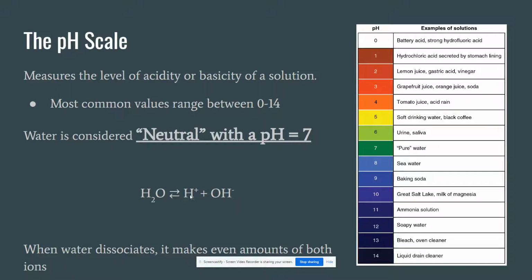Since it's producing equal amounts of hydrogen ion and hydroxide ion, it will numerically calculate out to a pH of 7. And I'll show you that a little bit later on. So this midpoint, pH 7, is considered neutral. It is neither an acid nor a base.